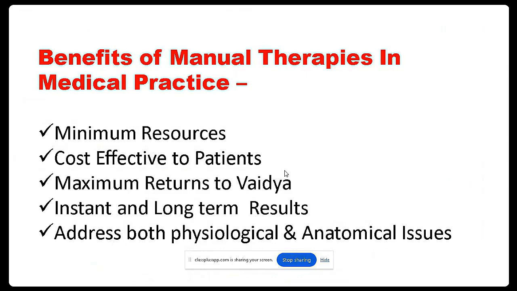There are numerous manual therapies that have been developed in the last 30-40 years, and now more and more Ayurveda practitioners, physiotherapists, and naturopaths, all the alternative therapies, are going from modern mechanical tools towards manual therapies, because manual therapies are proving more and more cost effective and result oriented, and have that humanization, that human touch in the treatment.